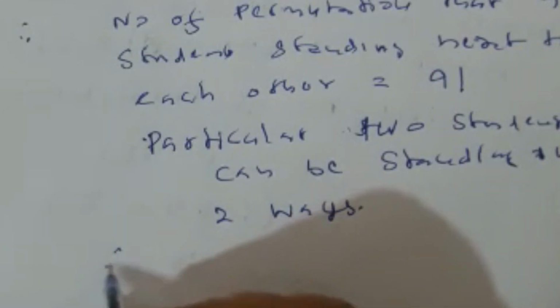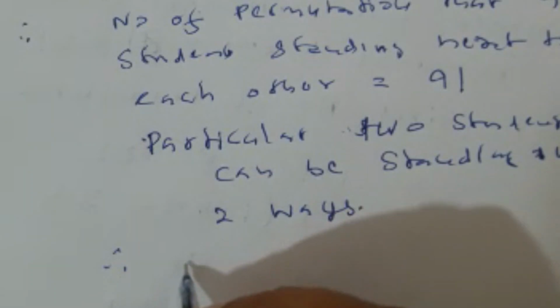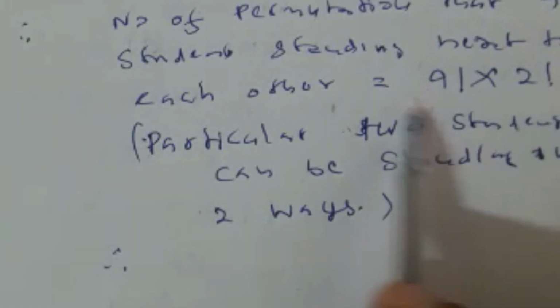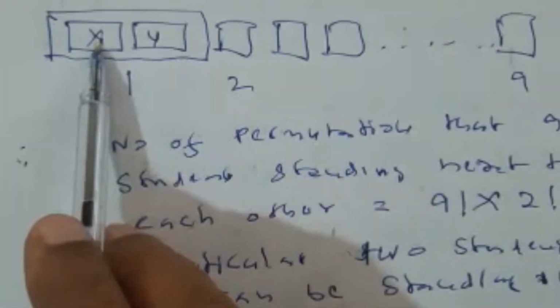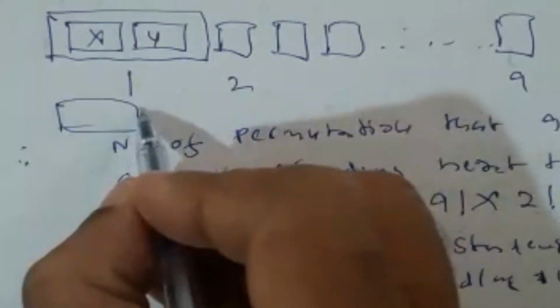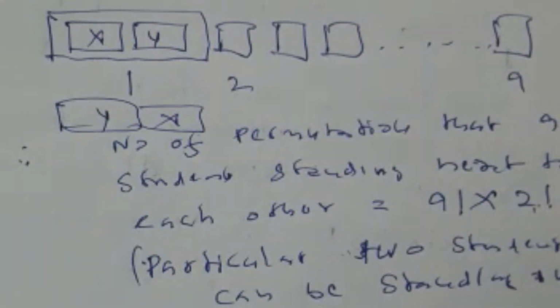Therefore, we have to multiply this answer with 2 factorial, because you can interchange these 2. So the number of total possibilities is 9 factorial into 2 factorial. You can start from X to Y, or you can write it as Y to X. So there are 2 possibilities. That's why we multiply with 2 here.